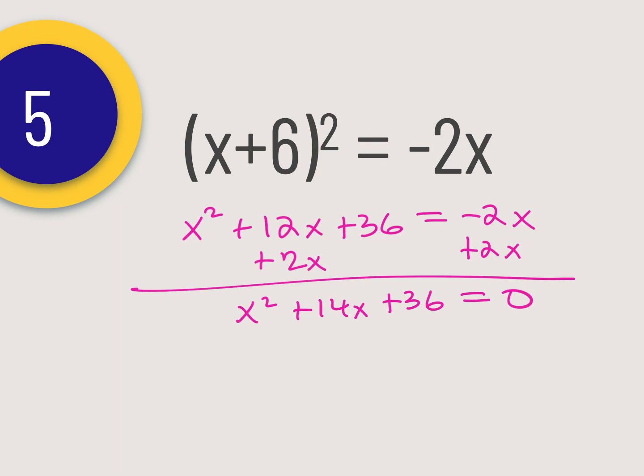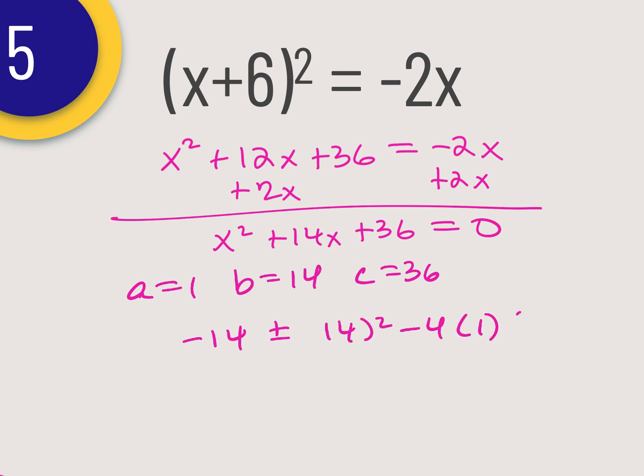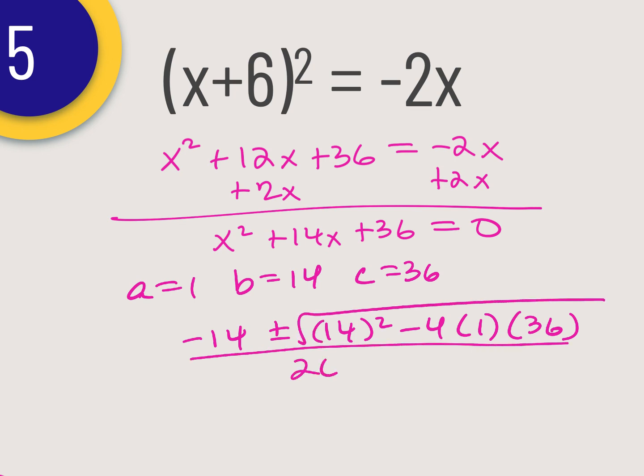Pull out your a, b, and c. a equals 1, b equals 14, c equals 36. Plug it in. Opposite of b, plus or minus the square root of b squared minus 4 times a times c, all under the radical, over 2 times a.